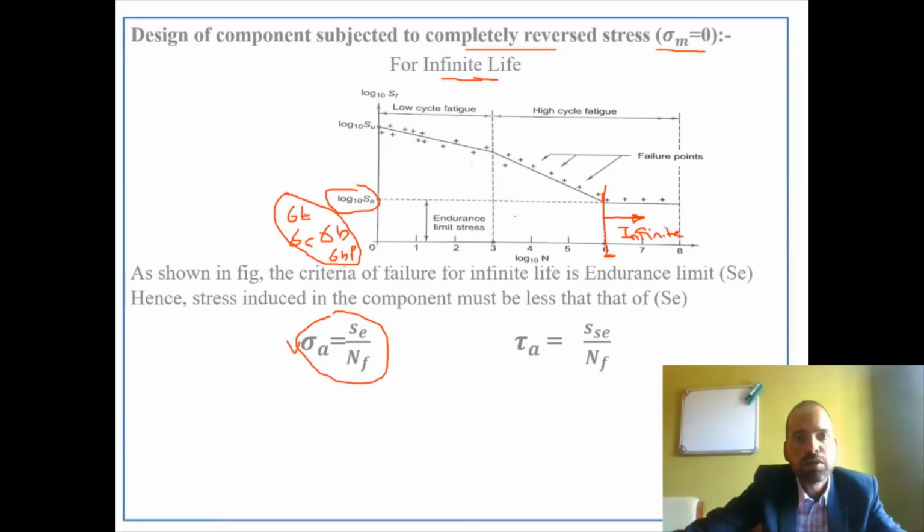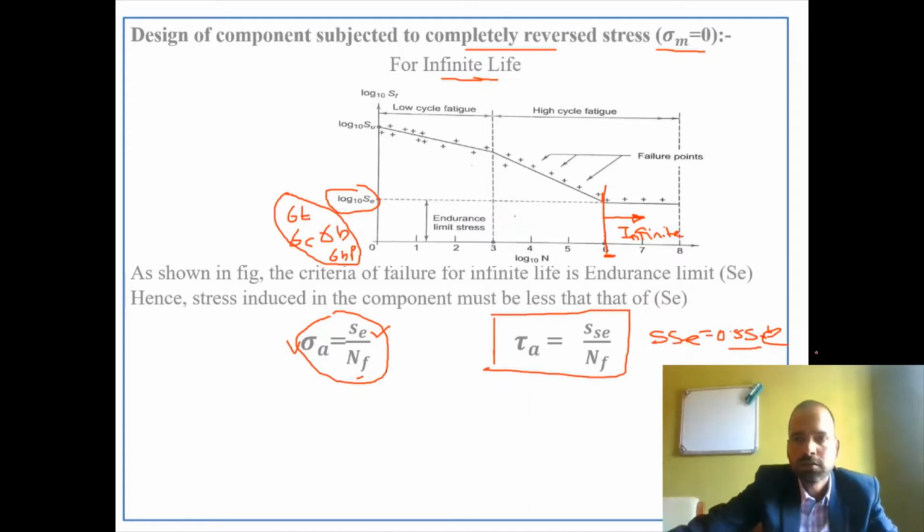So if any component is subjected to these stresses, the value of stress is calculated by endurance strength divided by factor of safety. And if any component is subjected to shear stress, that is either torsional shear stress or direct shear stress, that stress is calculated by Sse upon factor of safety.